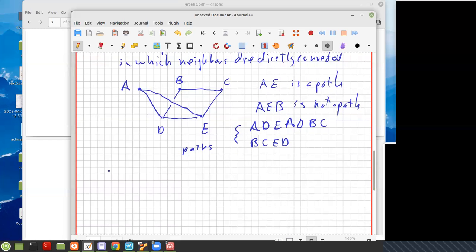Now there's a special kind of path called a simple path. What is a simple path?